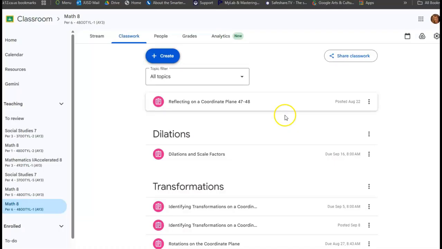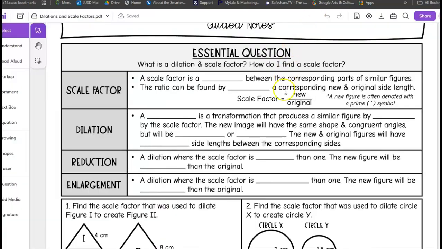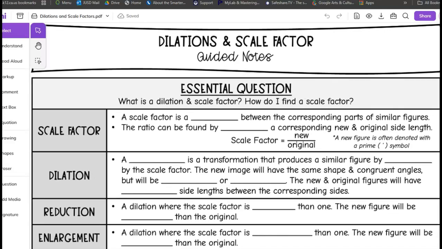Okay, you have a new header. It's dilations. I know we're supposed to finish the test today, but I'm not there, so we'll finish the test tomorrow. So we're going to start the next section, which is dilations. And our handout is dilations and scale factors. So in Google Classroom, please click on it. And once you click on it, you're going to get your handout that looks like this.